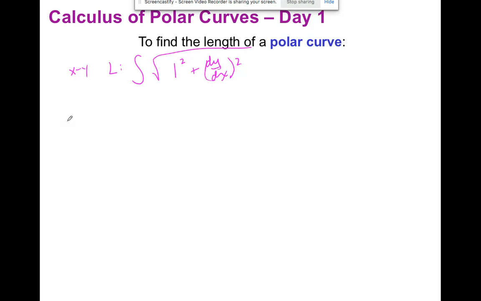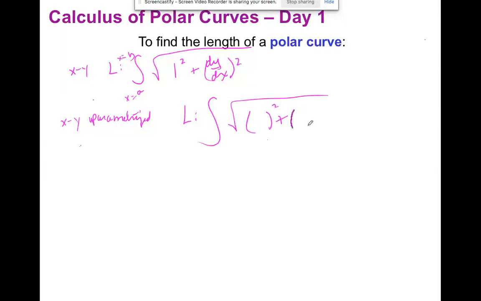And then with parametrics on the xy plane, the length of the curve was still the integral of Pythagoras, still a sum, still derivatives, dx dt, dy dt, you're adding and squaring, and this was from time equals a to time equals b.